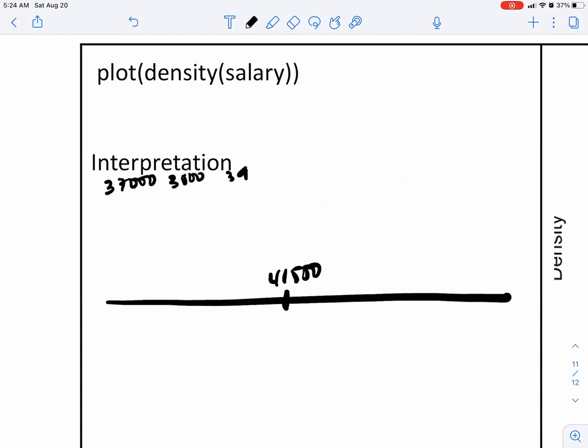So let's plot that here, okay? That was our mean.